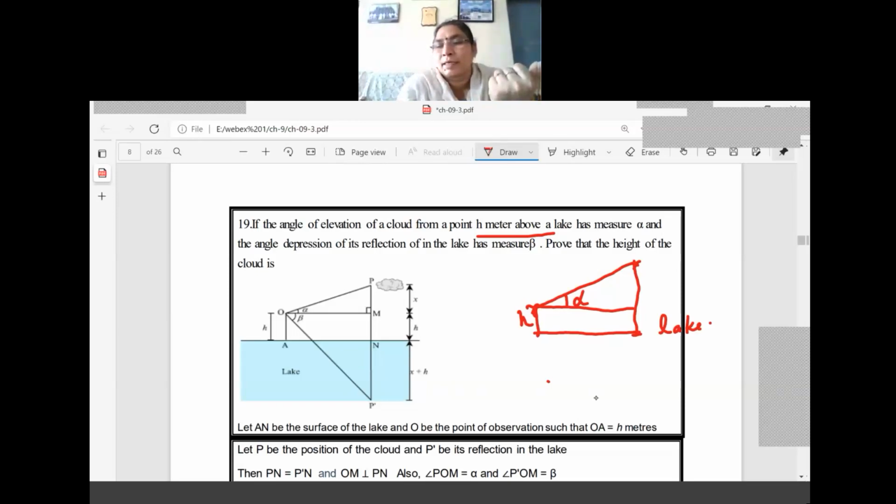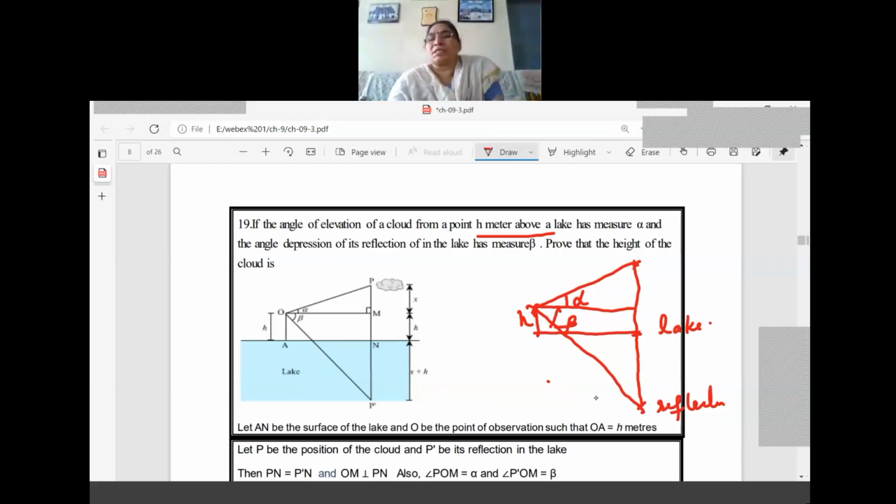So from the lake, it will have a reflection here to that beta, right? So the question is, what is the distance between lake and reflection?